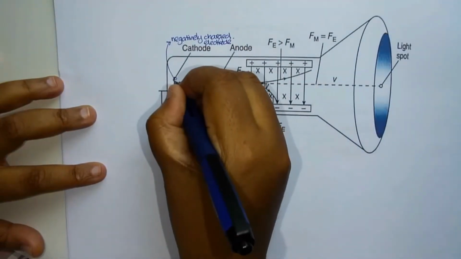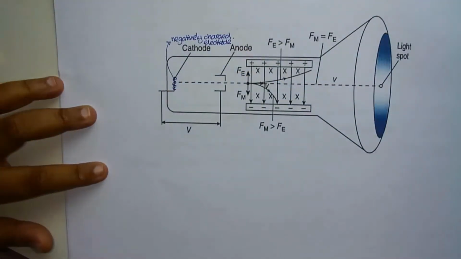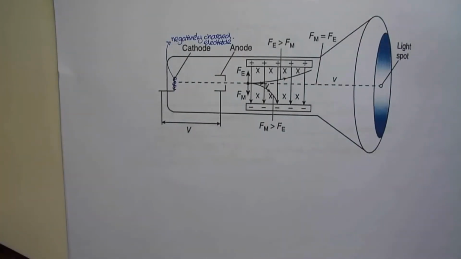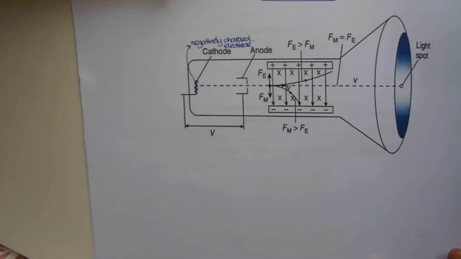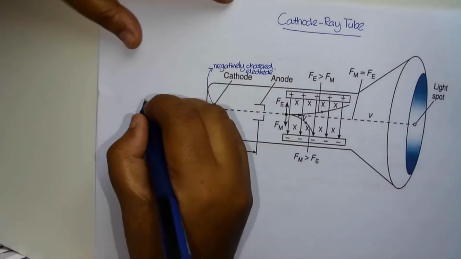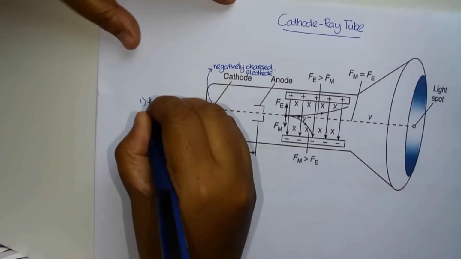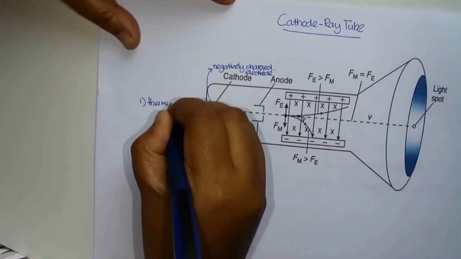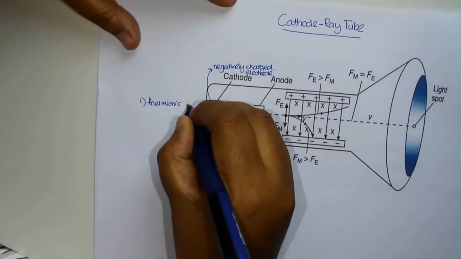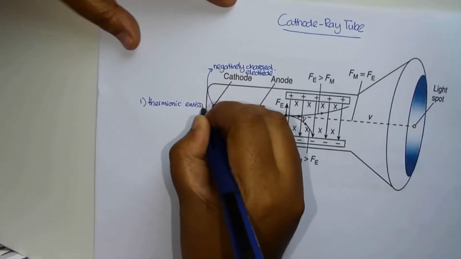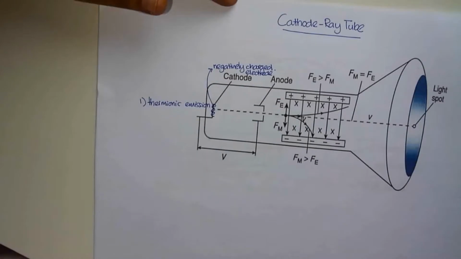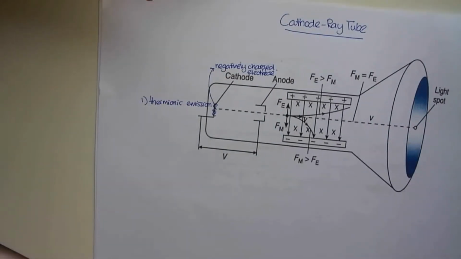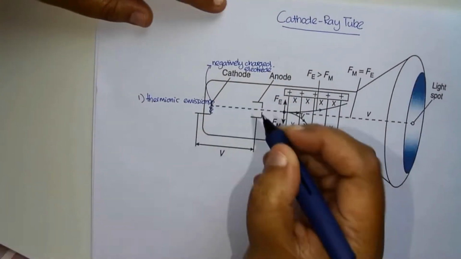So you have many electrons here. What happens in the cathode is thermionic emission. The first process is thermionic emission. So what is thermionic emission, class?